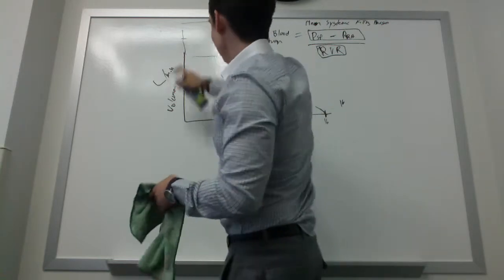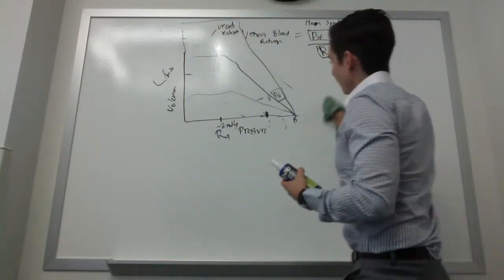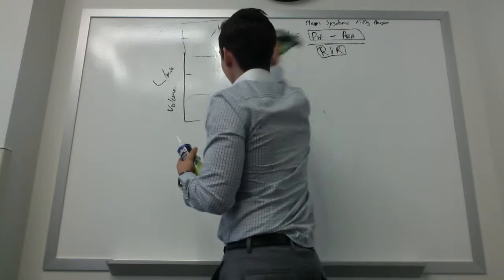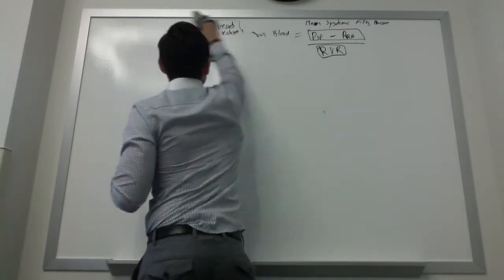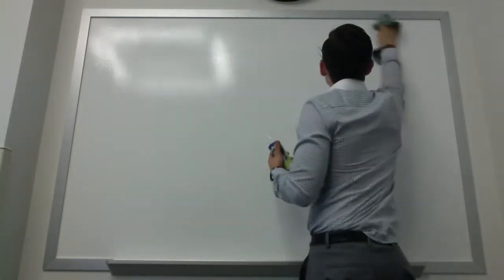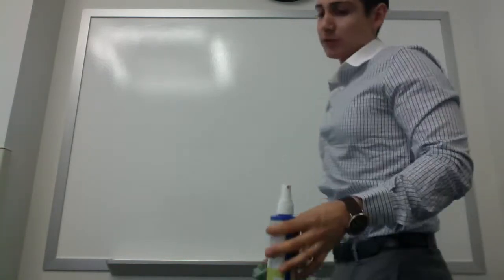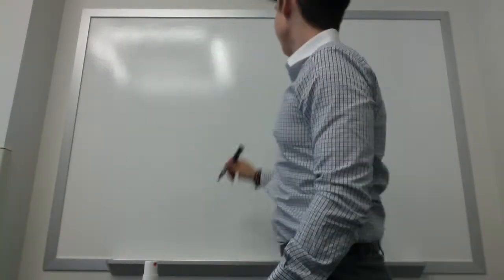One thing that you can do, like I said, with the systemic filling pressure, is because it's all relative to the volume, you could say if somebody has too low of a systemic filling pressure, you need to increase the venous return, you can infuse blood.